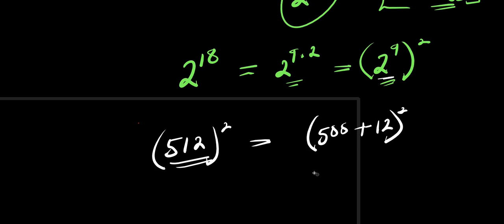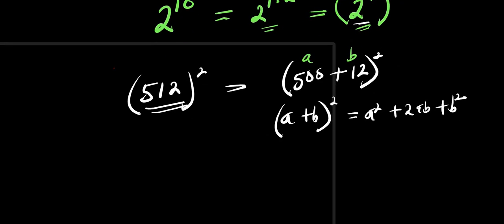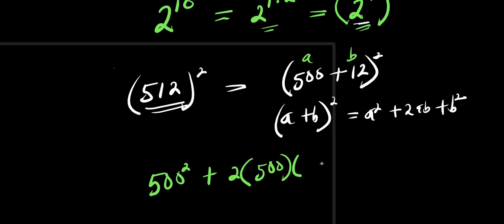So this becomes the form of a plus b raised to the power of 2, and this equals a squared plus 2 times ab plus b squared. And in this case, our a is 500 and b is 12. So from here, we are going to have 500 power 2 plus 2 times 500 times 12 plus 12 power 2.